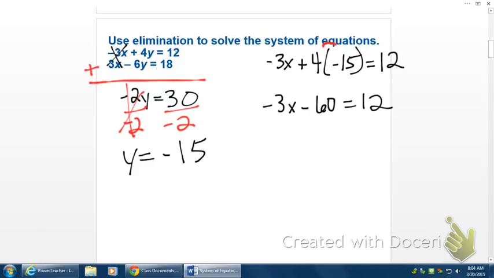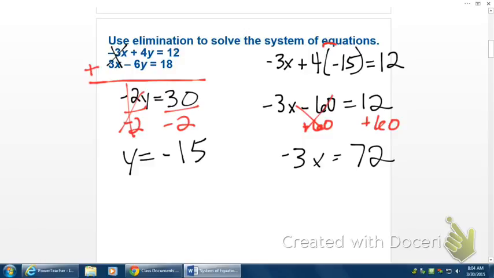Remember, the whole thing is figuring out what x equals. You would add 60 to both sides. You wouldn't divide both sides by negative 3 or do anything like that. We first need to add 60 to both sides. Okay? Make sure you're writing this down.